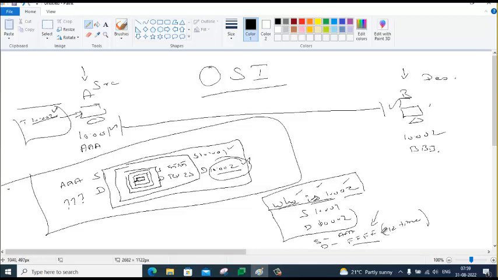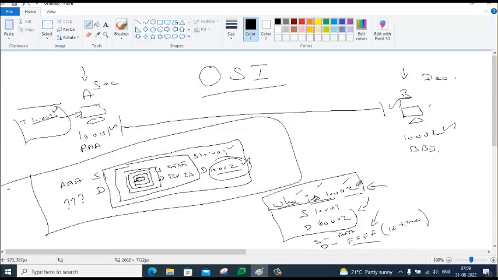And B is saying, okay, let me then open and check the destination IP. Is this IP matching my IP? Yeah, it is matching. So I'm going to open further. And in the payload, it is asking, who is 10002?